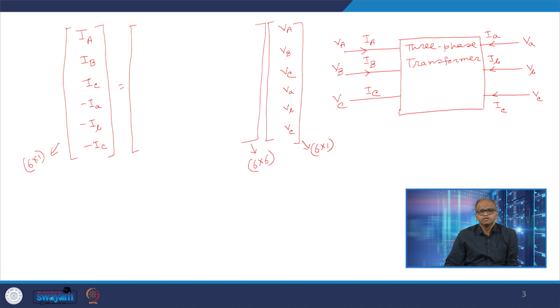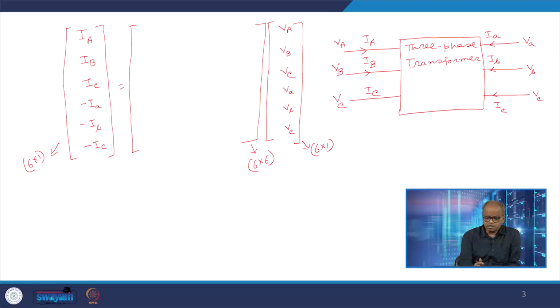So, the generic admittance model we are seeking is essentially the relation of the currents and voltages, in which both the currents at the primary side as well as the currents at the secondary side are entering into the transformer, and we are simply seeking that corresponding matrix. Here this is very important: IA, IB, IC and I small a, I small b, I small c are both entering the transformer.